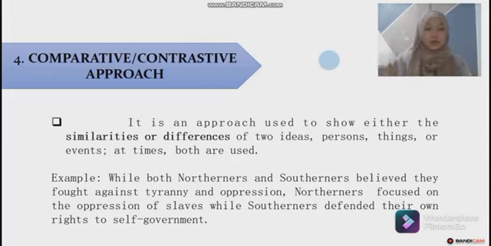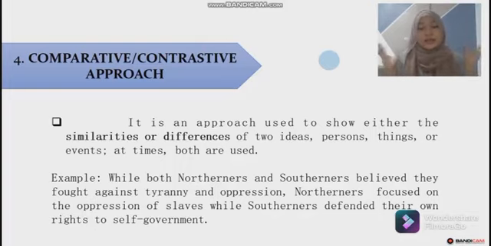So we have here the Northerners and Southerners. These are the two things that are being compared to each other. The Northerners focused on the oppression of slaves, while the Southerners focused on how they defended their own rights to self-government.